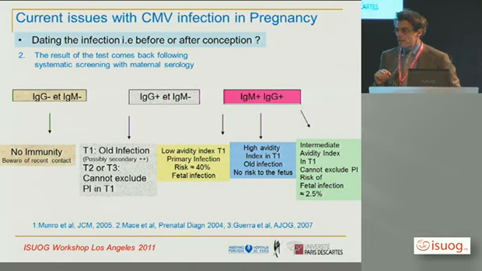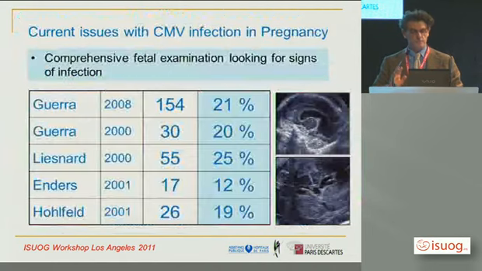And again, the only reassuring situation is IgG negative. If you have a doubt on maternal symptoms like flu-like illness, fatigue, whatever, wait for 2 weeks, do the IgG again, still negative, you ruled out the infection, right?